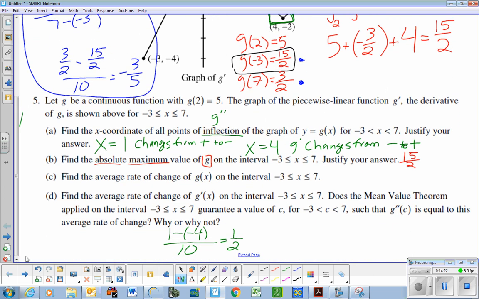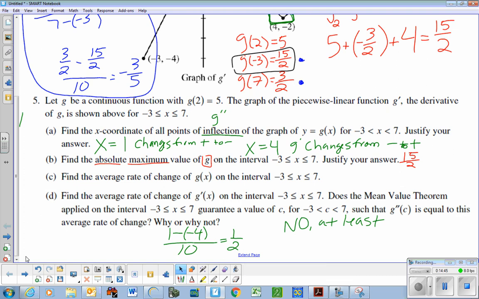So you write no, the mean value theorem does not apply, and write why. It's because there is at least one point where you can't take the derivative, so the mean value theorem is not going to work.